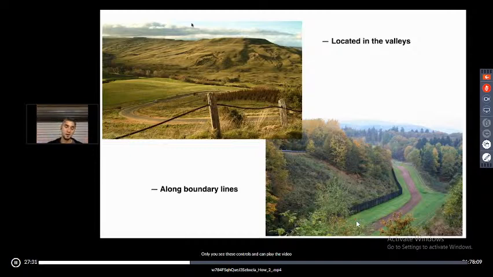In the valleys we have deeper soil, we have more moisture, so obviously more boggy areas, more potential for flooding. And the ridges are naturally shallow soil and more rocky areas. But in a case that you have to, roads can also be put there, but the highest priority goes to the contour and the ridges. And then there we have roads that are located along boundary lines.